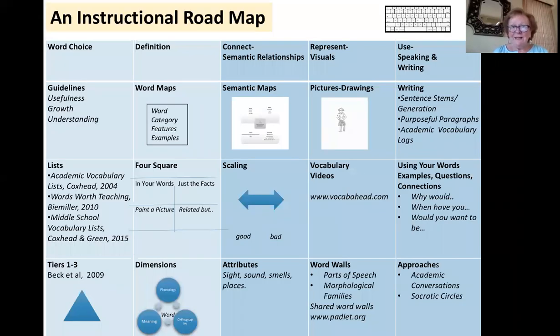So again, here's the entire roadmap: word choice, definition, different ways to think about this, and then different ways to think about connect, represent, or use. And again, I'm quite certain that many of you would be able to add to this.